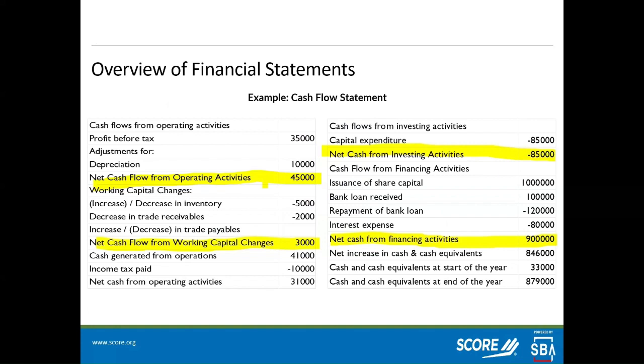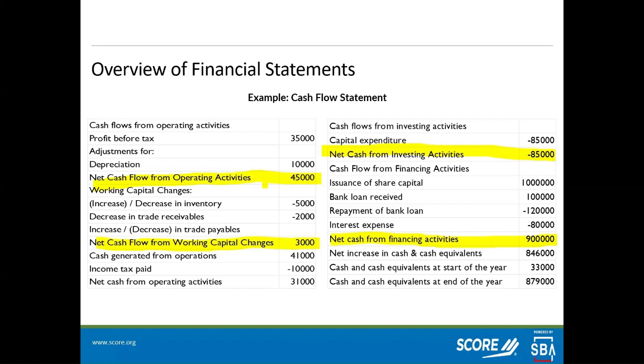This is the most complicated one, and I think maybe I'm just going to focus on the four yellow markings there, which goes back to the flow chart that we just looked at. So we have net cash from operating activities, net cash from changes in working capital, from investing activities, and financing activities.